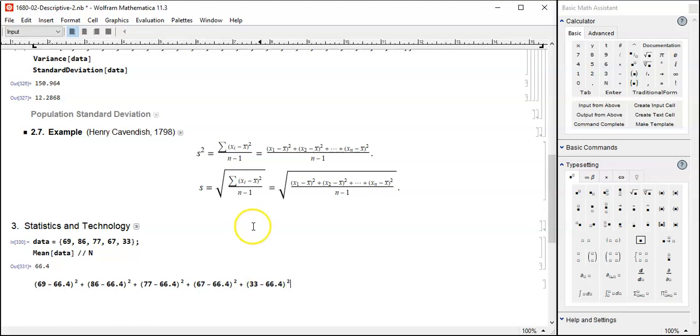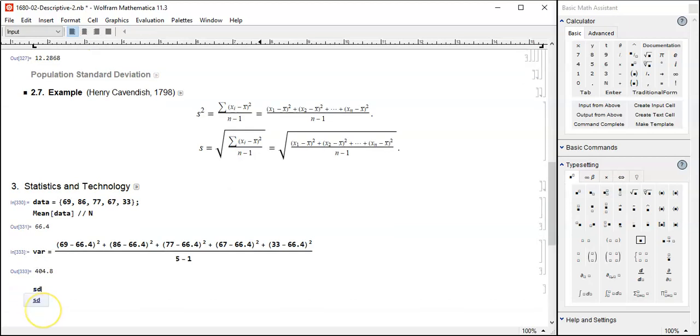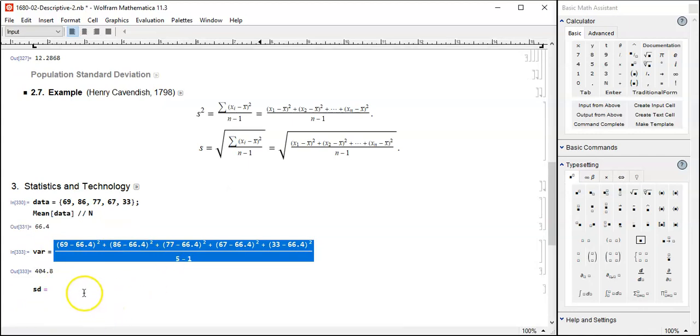Okay, the numerator is complete, and divide by n minus 1, so 5 minus 1. If you calculate, this is going to be the variance. This is the variance. Now, how about the standard deviation? It's the square root of this quantity.